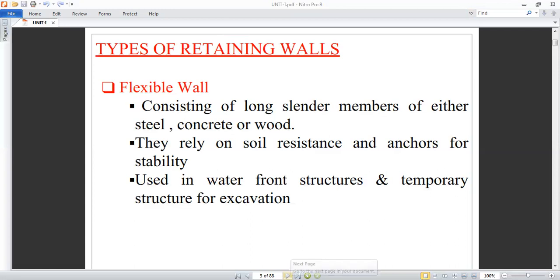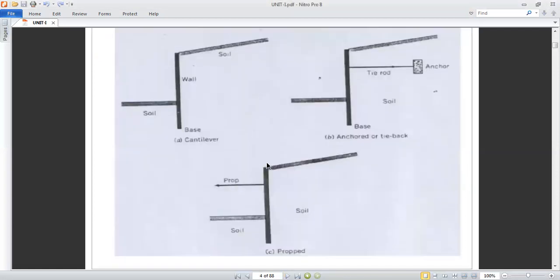Okay. So you can see here in flexible wall, we have cantilever, anchored or tie back, or next one is propped. So in the cantilever, you can observe this is the wall, this line, the vertical member is wall. Okay, we have soil at this horizontal member and we have soil at this portion also.